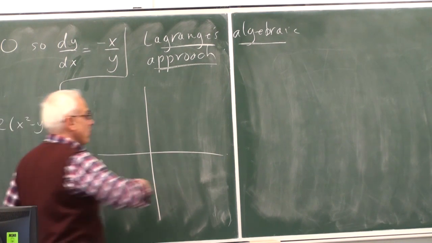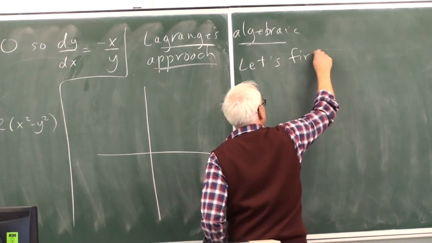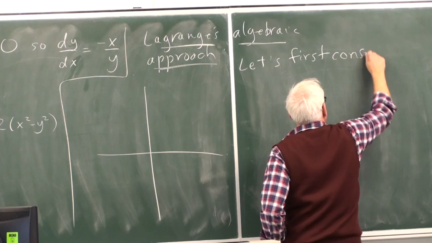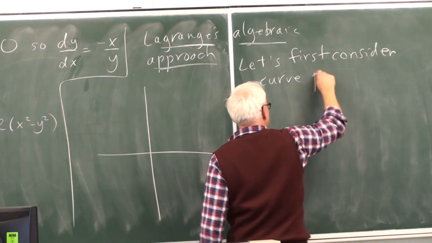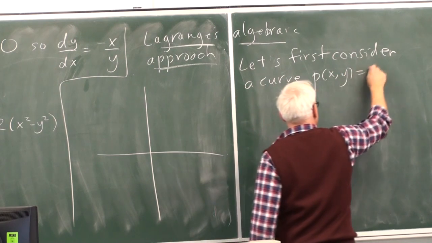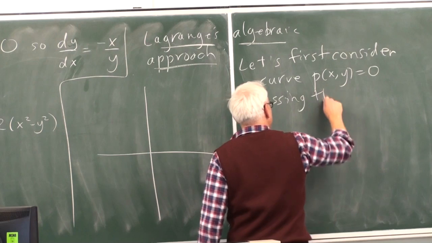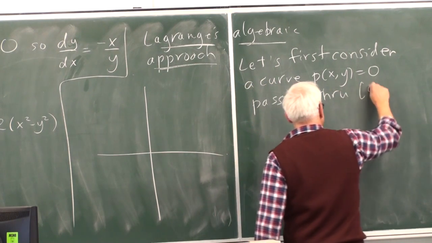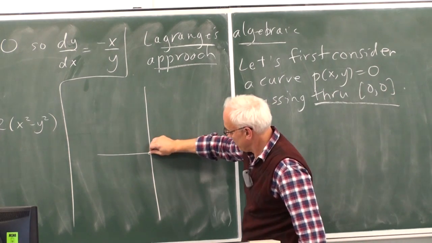So let's consider a special case. Let's first consider a curve of the form P of x, y equals 0 passing through the origin. So it's going to go through here.